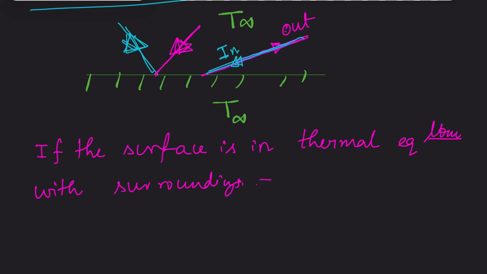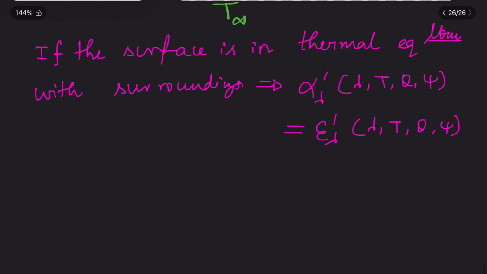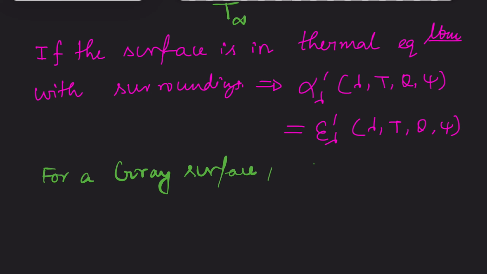then your alpha, that is absorptivity, which defines how much is coming in, alpha lambda dash, a function of lambda, T, theta, psi, is equal to your emissivity. Now for a gray surface, it is not a function of lambda.